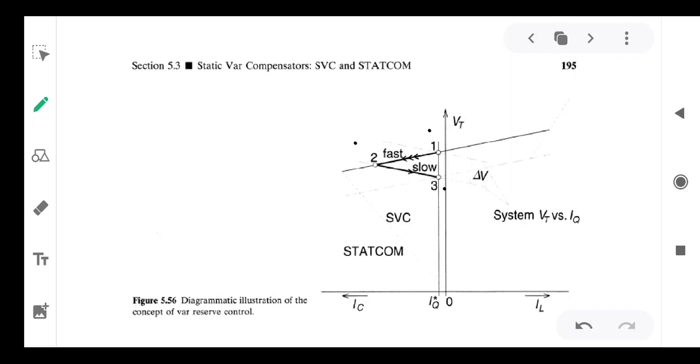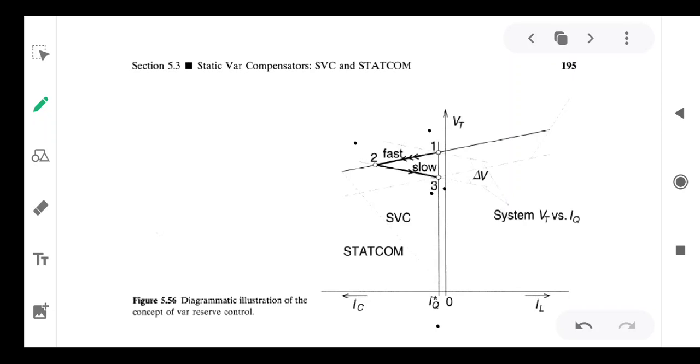Suppose suddenly there is a disturbance in the system which requires control of the voltage equal to delta V with the help of the SVG compensator, and then allow the other devices to control the voltage, that is tap changing transformers are allowed to change the voltage to the delta V required value and then bring back the compensator control to the original position, that is 1. So therefore 1 and 3 both are at the same operating point corresponding to IQ star. IQ star is as shown in the control circuit.